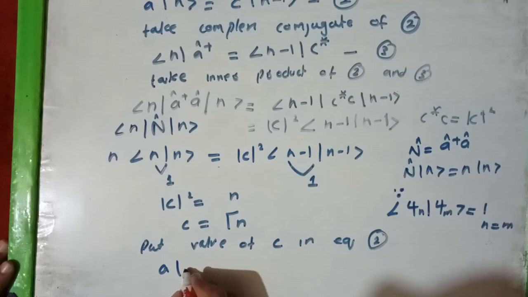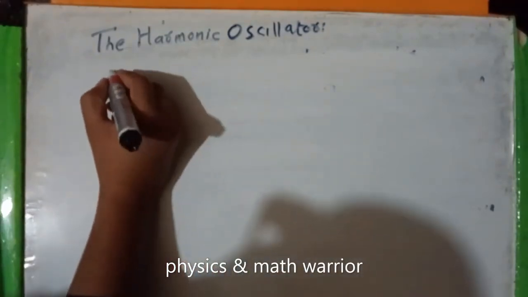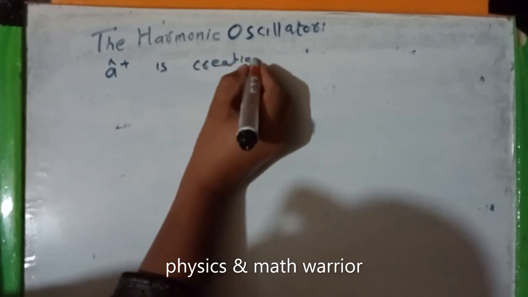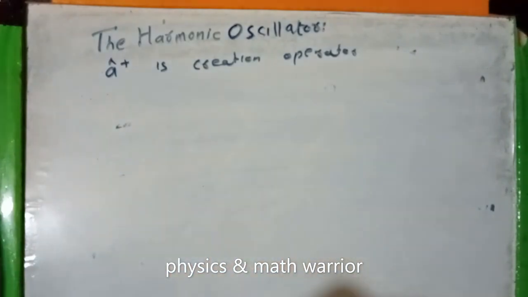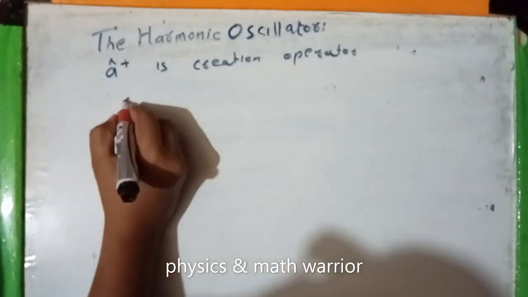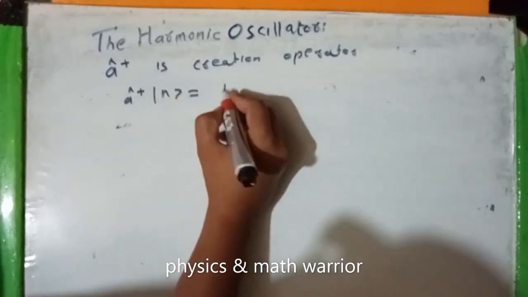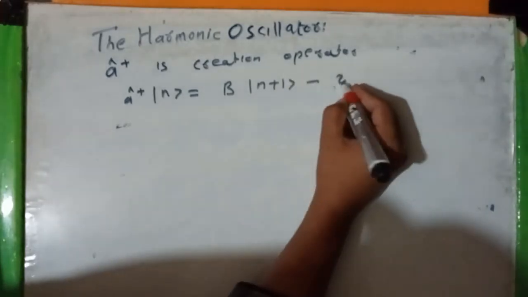When a acts on any state n, it is equal to square root n times state n minus 1. Since a dagger is the creation operator, it raises the state by 1. When a dagger acts on state n, it raises the state to n plus 1, times a constant B. This is equation number 4.